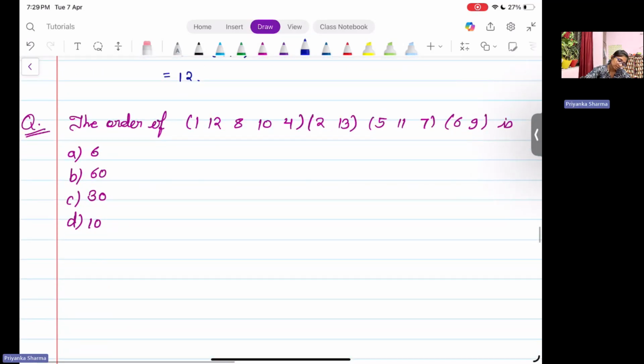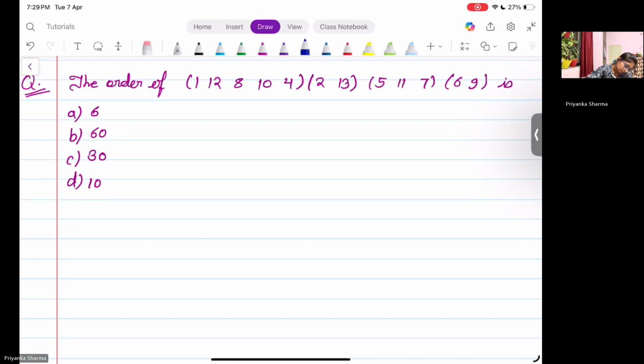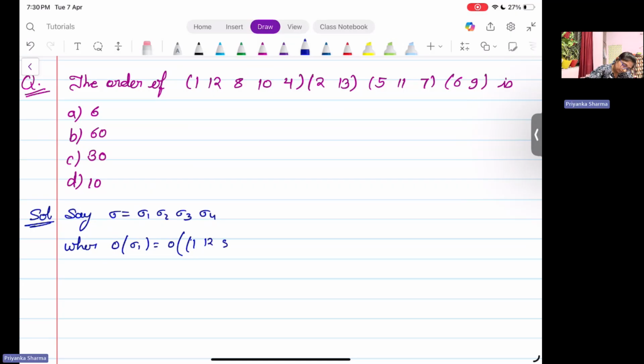Now, this one. What is the order of this permutation? Say sigma is sigma 1, sigma 2, sigma 3, sigma 4, where the order of sigma 1 is the order of the cycle 1, 12, 8, 10, 5.